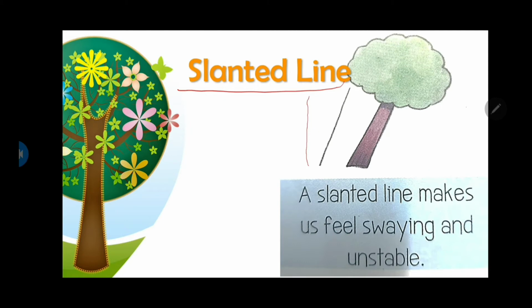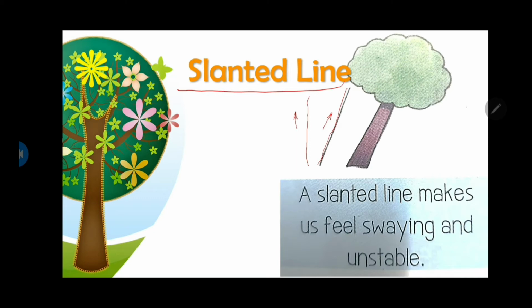The straight line's direction is up, down, or down, up. But for slanted, it's leaning on the other side. Though it's up and down too, or down and up, but it's leaning. See? It's leaning a little bit on the other side.